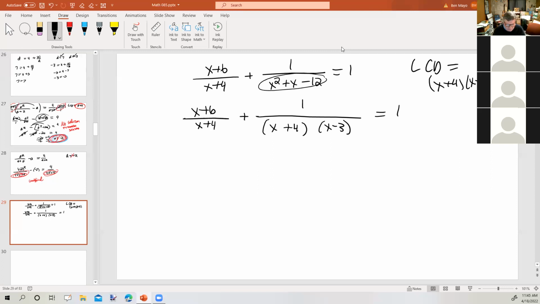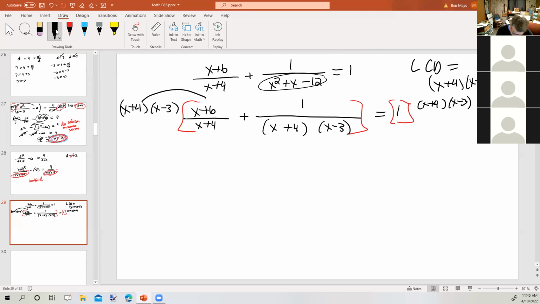Okay, so now I'm going to multiply both sides by x plus 4 times x minus 3. Distributing here, I get x plus 4 times x minus 3 times x plus 6 over x plus 4.